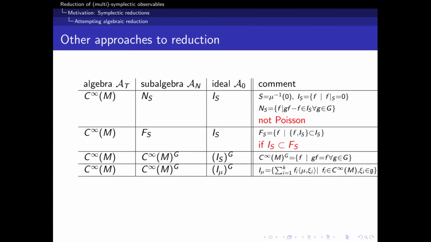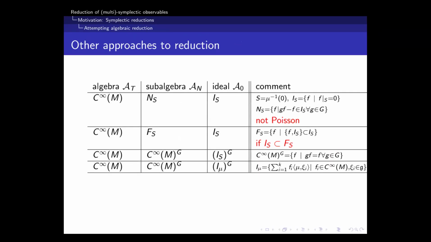We can use the momentum to construct an ideal, which is basically smooth functions multiplied with components of the momentum, finite sums of those. This in general is not the same thing as IS. In the regular case it is. So this is not equal to IS in general, but it's always a subset.